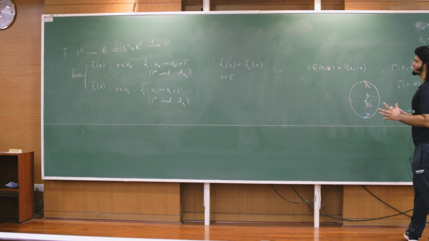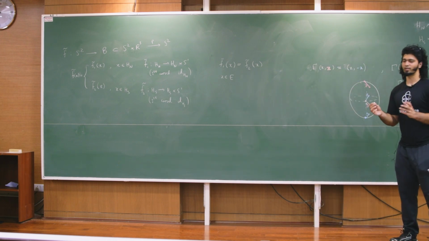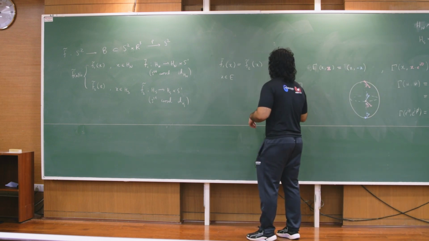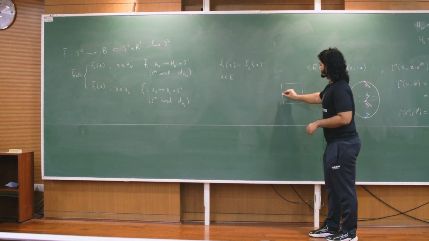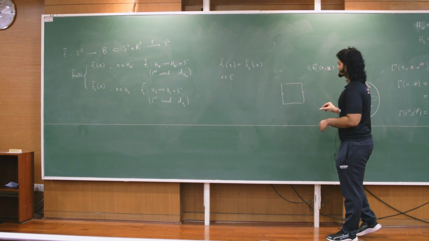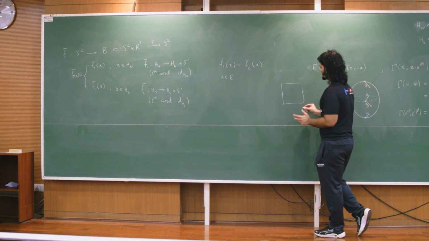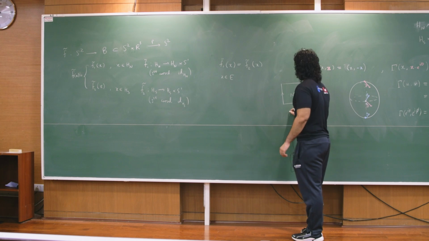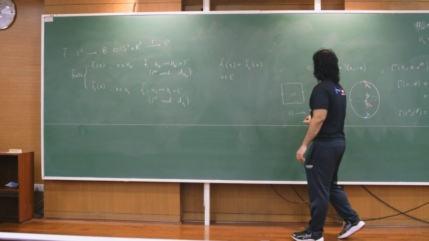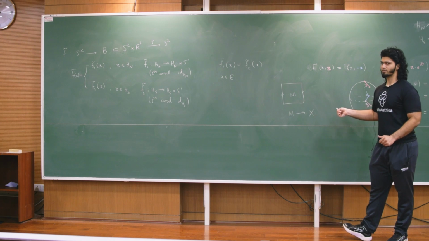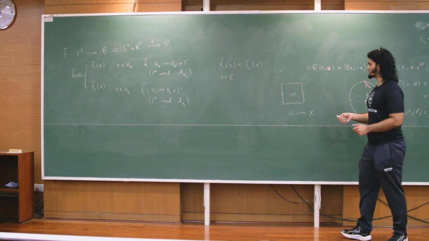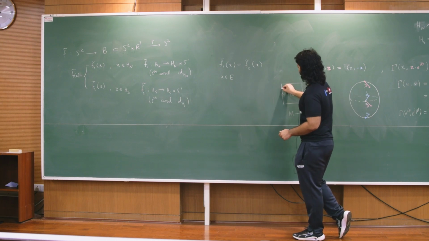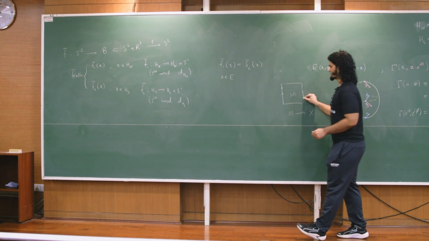Remember that these two solid tori are not like, again we go back to the square example. If I was talking about the Mobius band, this whole thing after gluing is the Mobius band. I want to define a function from the Mobius band to some x. Then the condition I would want to impose is that whatever this point goes to is the same thing which this point goes to, right?